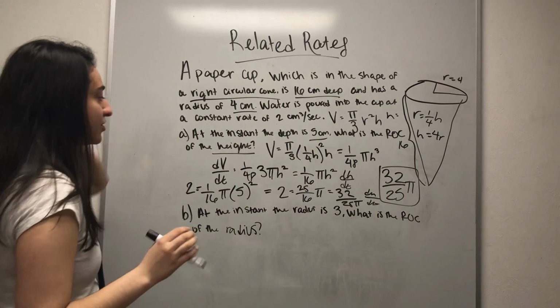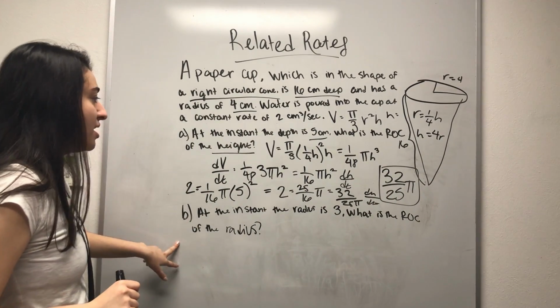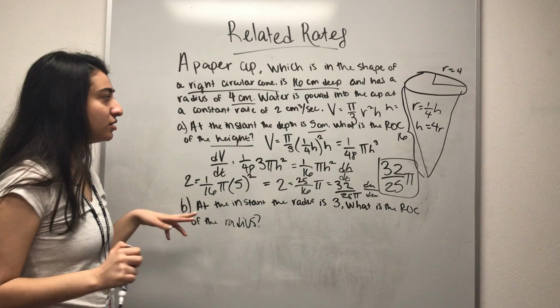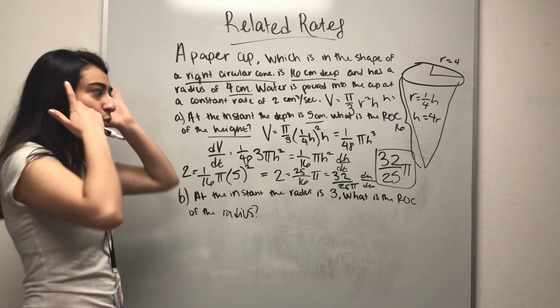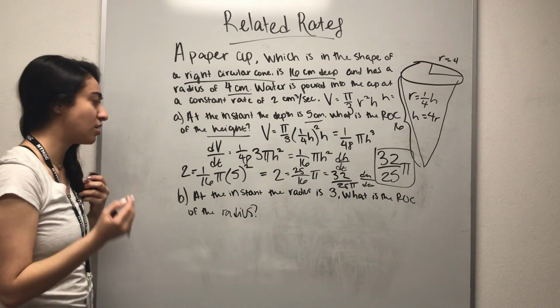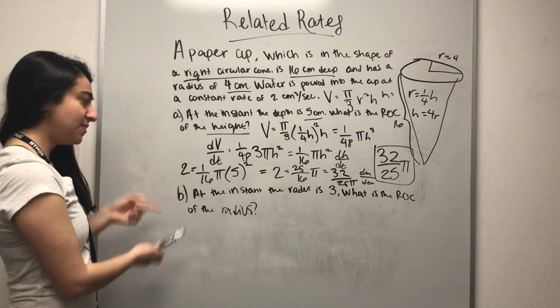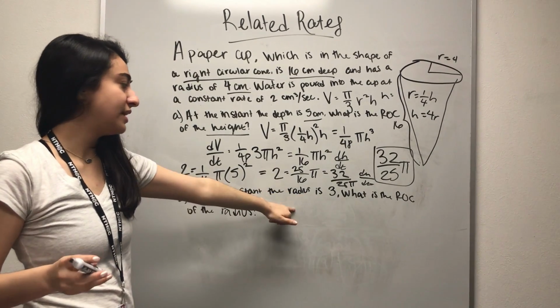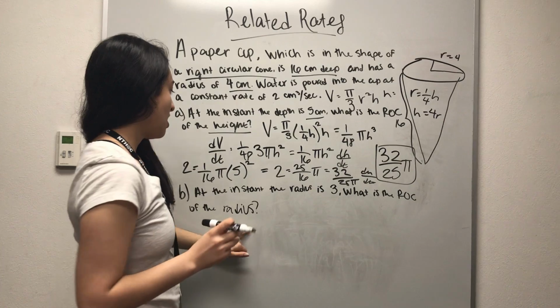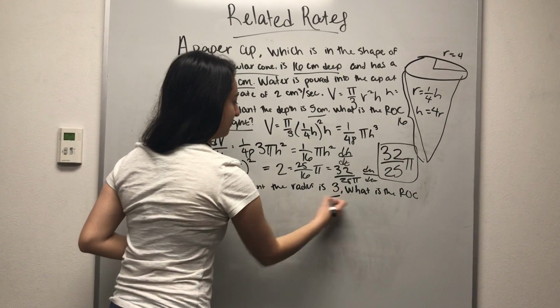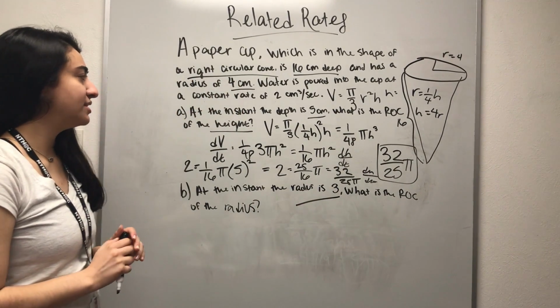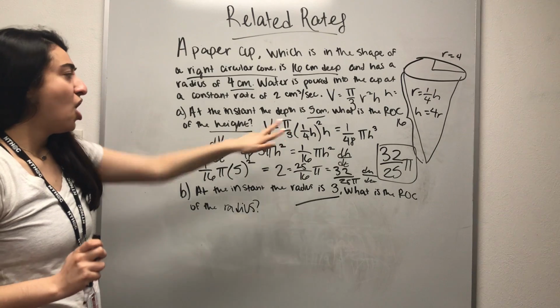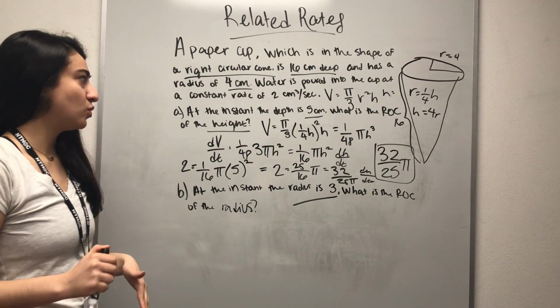Okay, perfect. Now let's move on to B. B is not going to be as extensive as part 1 only because we have done most of the work. In this case, it is asking us, at the instant the radius is 3, what is the rate of change of the radius? Okay, great. We're going to use this equation up on top, the V equals.